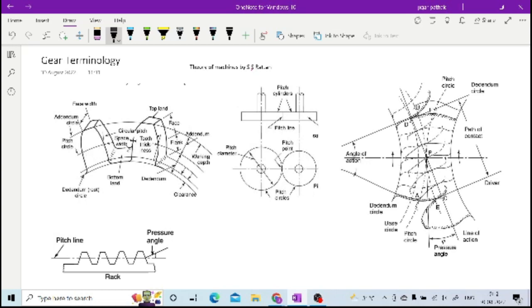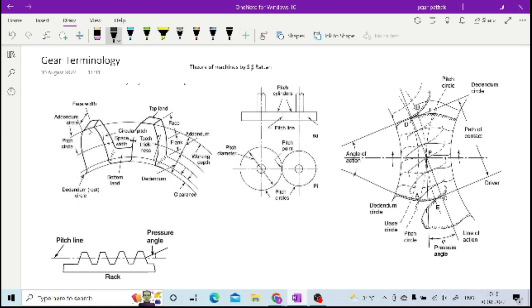Space width is the space between two adjacent teeth. Tooth thickness is the thickness of a particular tooth measured along the pitch circle. Face and flank are also mentioned. The top line and bottom line are clear from the geometry.